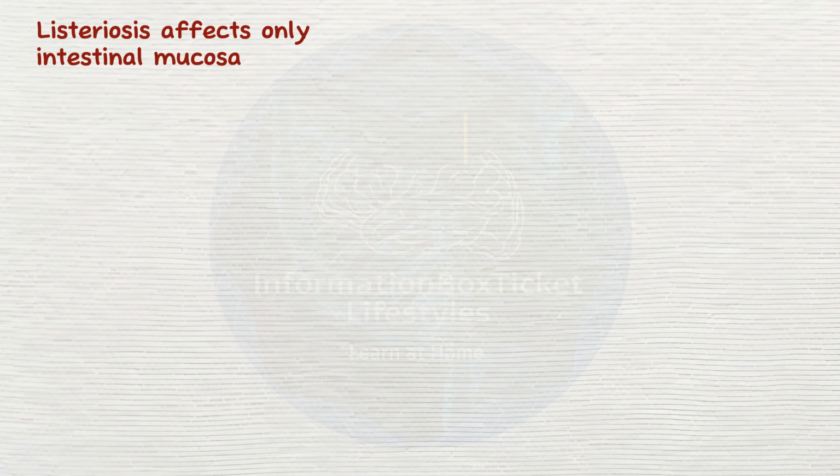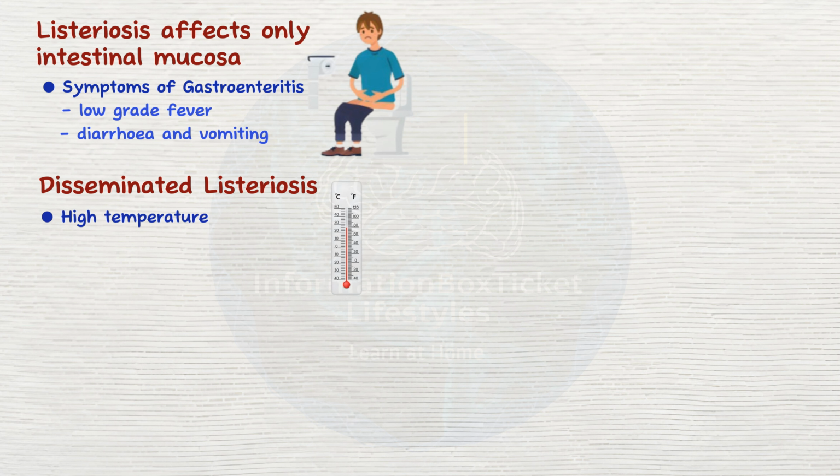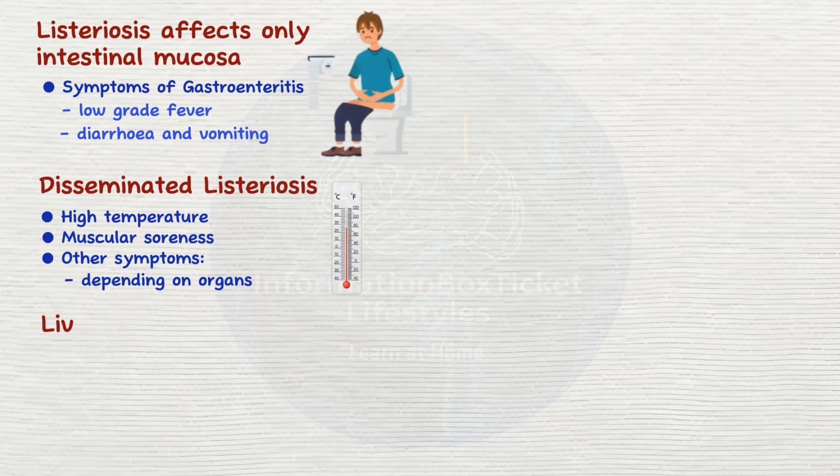When listeriosis affects only the intestinal mucosa, it causes symptoms similar to gastroenteritis, such as low-grade fever, diarrhea, and vomiting. Disseminated listeriosis causes a high temperature, muscular soreness, and other symptoms that vary depending on the organs involved.